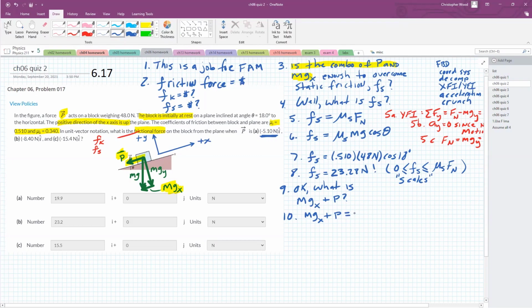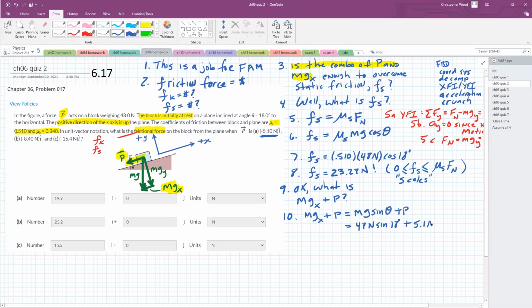So here's mgx. Mgx is mg sine theta plus p. So let's just keep going with that. This equals mg, 48 newtons, times sine of 18 degrees plus p, and p for part A is 5.1 newtons. They gave you p in unit vector form.